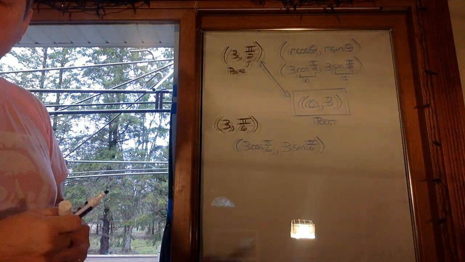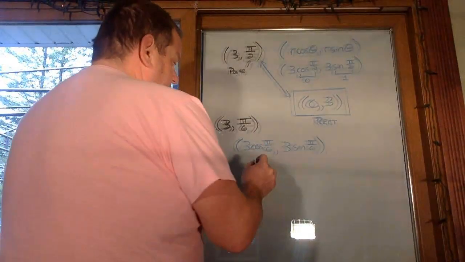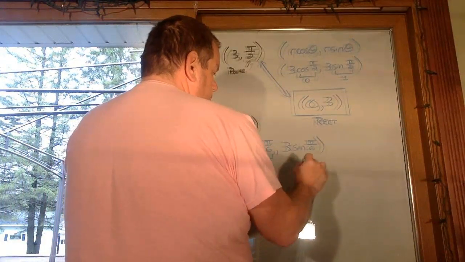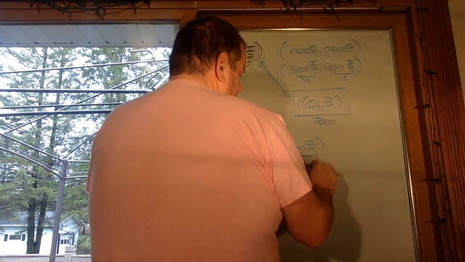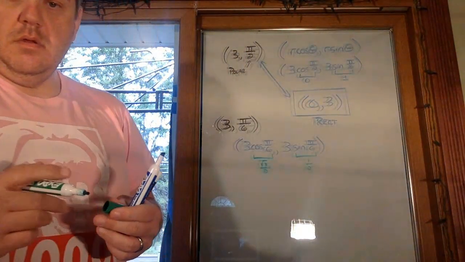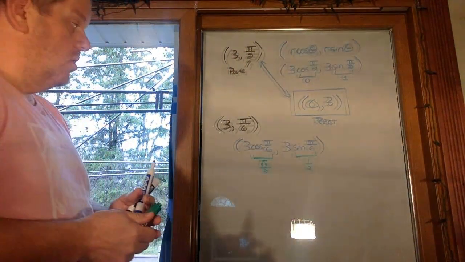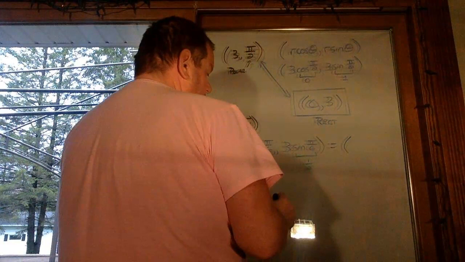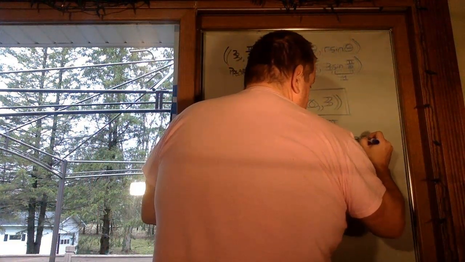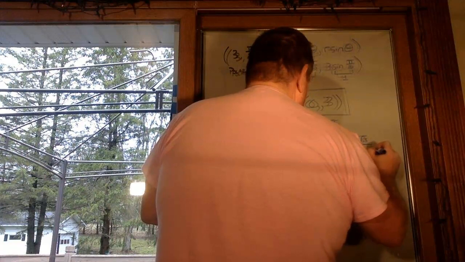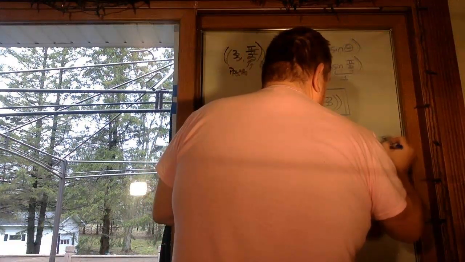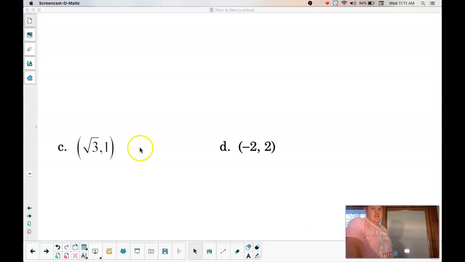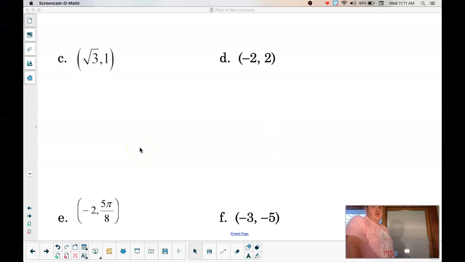Okay. So at pi over 6, the cosine value is the square root of 3 over 2, and the sine value is 1/2. Okay. So I need to multiply those two together. So then that would give me the rectangular point of 3 square roots of 3 over 2, and 3 times 1/2, which would just be 3 halves.